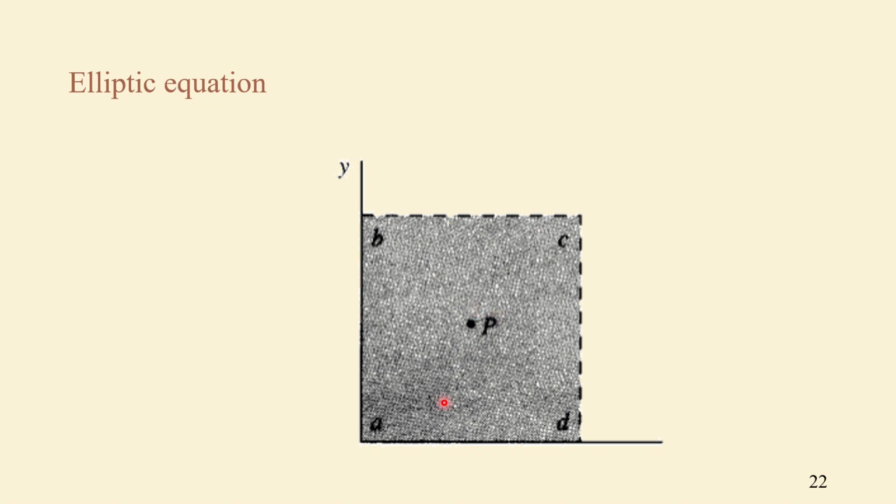But here, since the disturbance at P is felt in all zones, as well as the point P being affected because of that, we need to know the values completely. So it is not a marching problem, but it needs to be solved simultaneously. All those equations need to be solved simultaneously. That is known as elliptic equations.